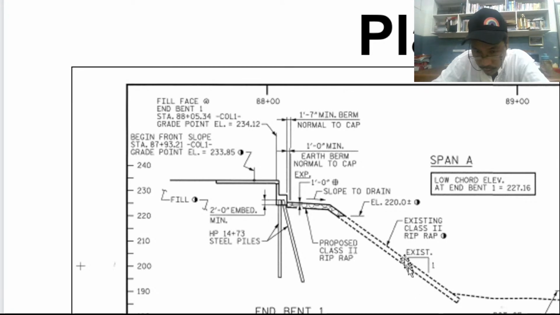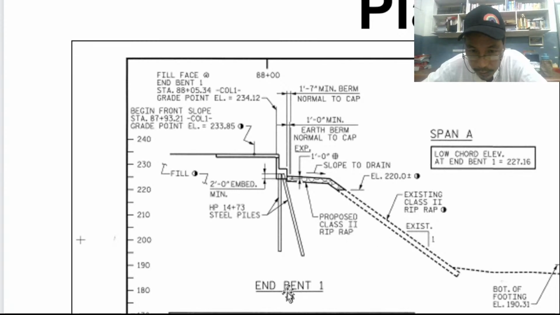Okay, existing, this is the slope of the existing. So it is not given in the drawing, but there is an existing riprap with this particular slope. Okay, and just below those we have what? End bent 1.